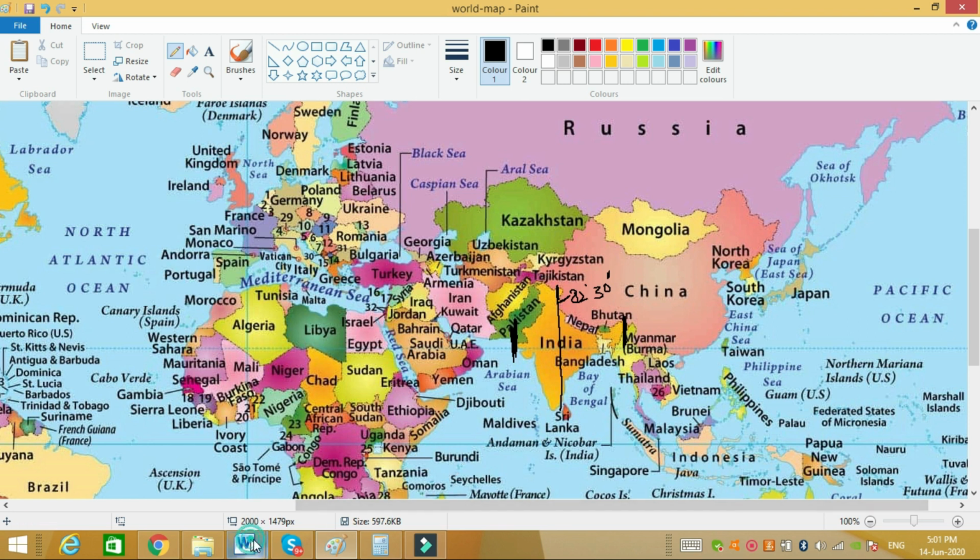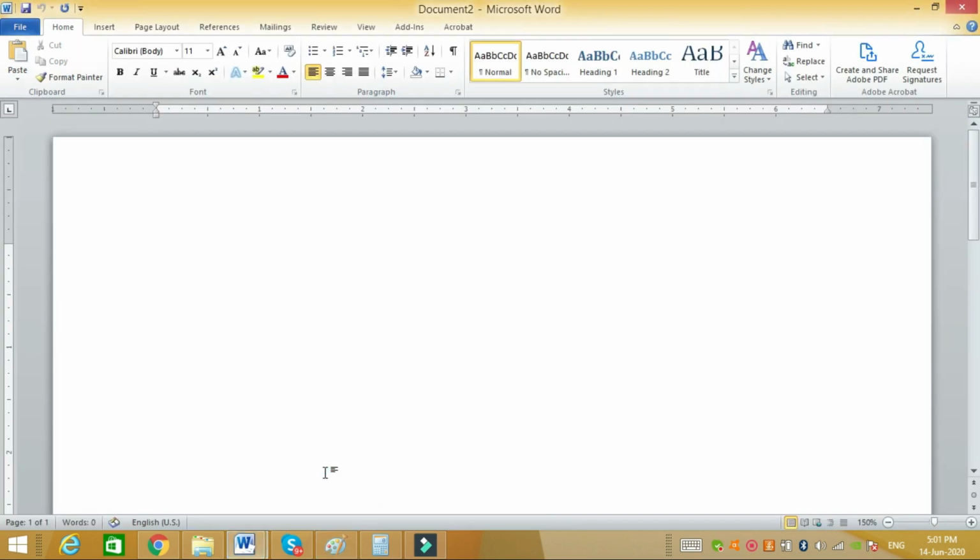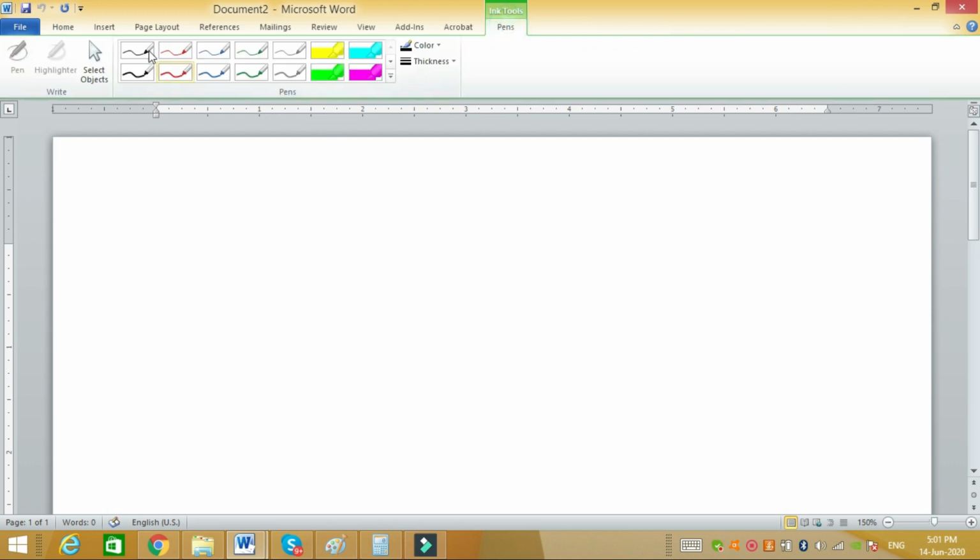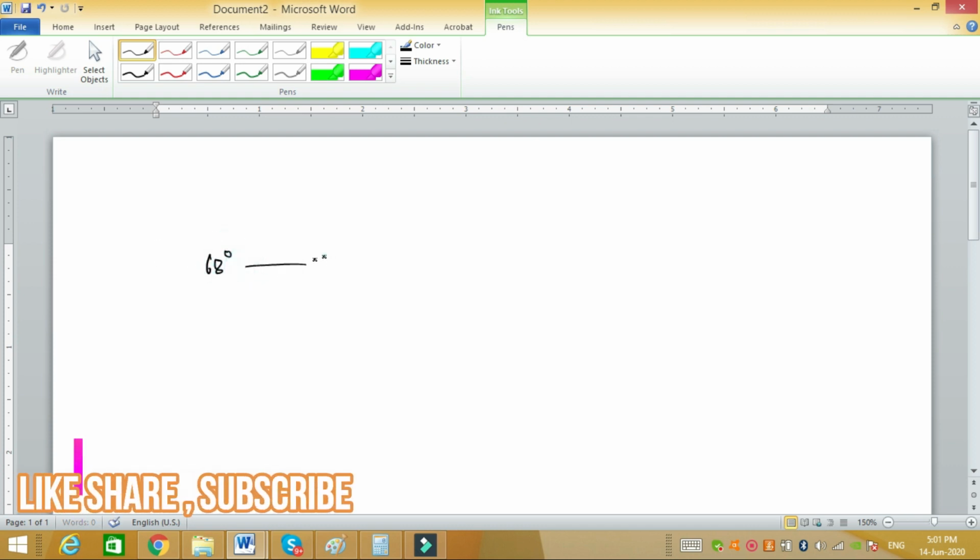Let us see the longitudes of India. First of all, you have to understand that the extreme ends of India have values of 68 degrees and 97 degrees.